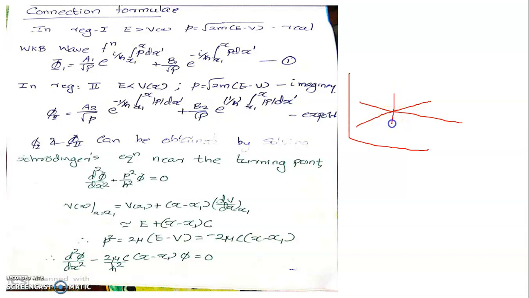We have WKB solution written for system occupying region 1 and region 2, and that solutions will be representing the system or the object under our study in this region as well as in this region. In a mathematical approximation, we can consider these two regions are regions far away from the classical turning points.